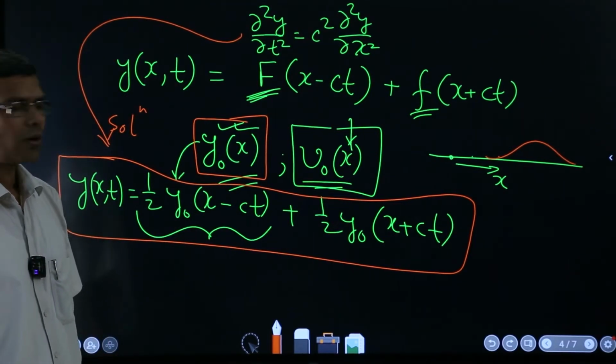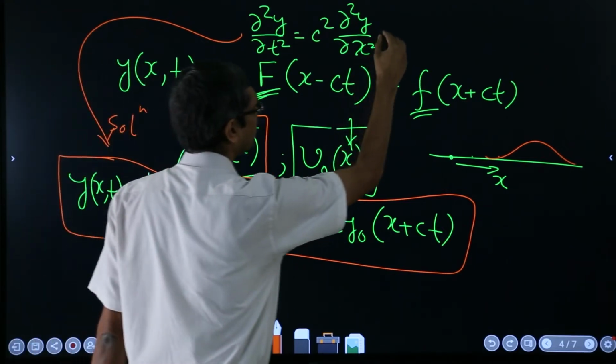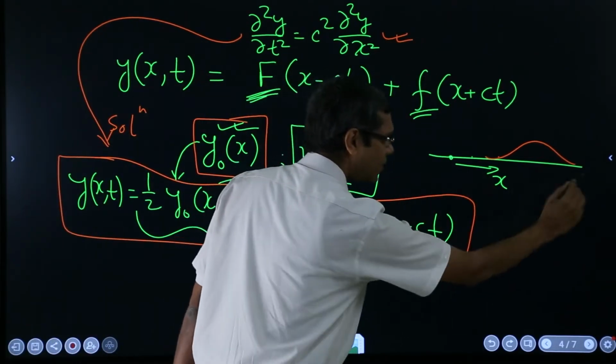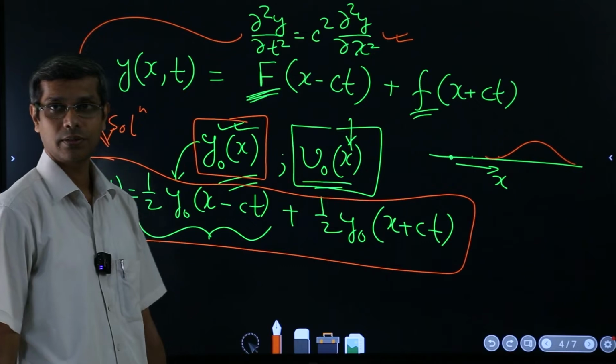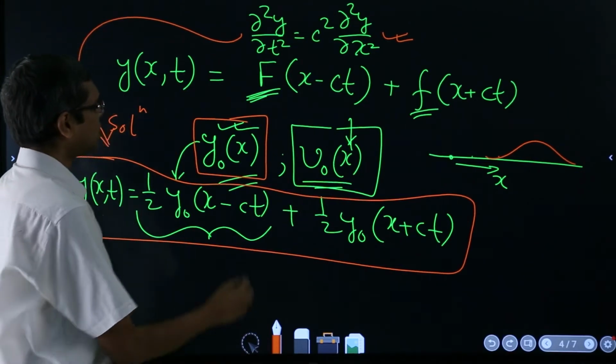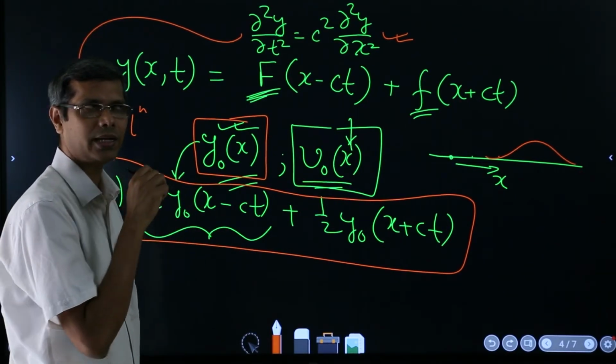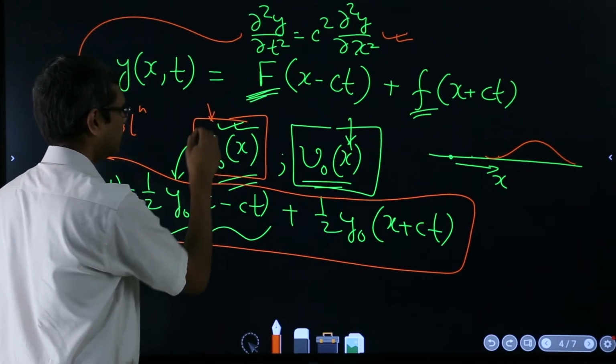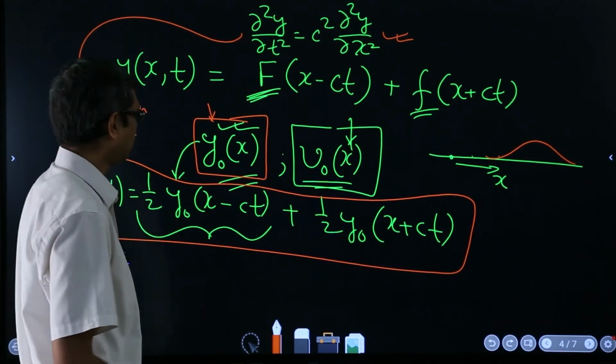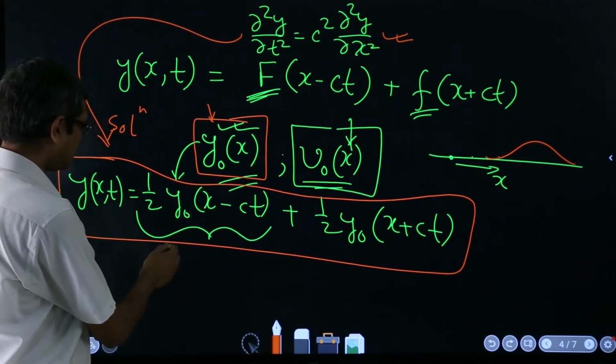Okay. So I have a wave equation defined on an infinite string, that is important, infinite string, on which I specified a displacement initial condition like this. Then the solution is this.